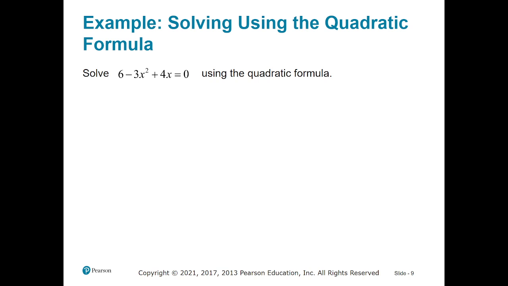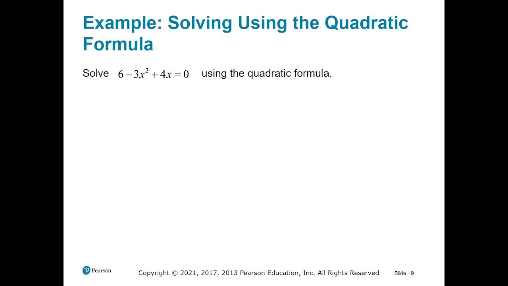Well, a is negative 3 and c is 6, so a times c is negative 18. So then I'll have negative 4 times negative 18 under the square root. All of this is divided by 2 times a. Well, a is negative 3, so 2 times a is negative 6.